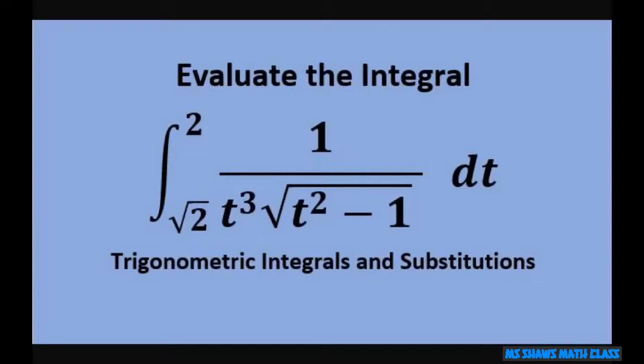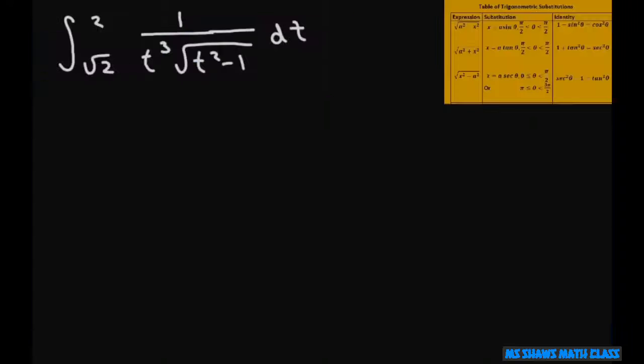We're going to evaluate the integral over the interval from square root of 2 to 2. So basically, it has this form, t squared minus 1, where my 1 is my constant.